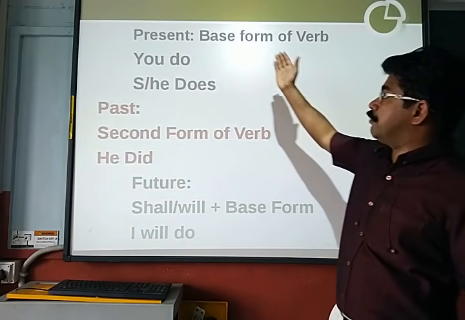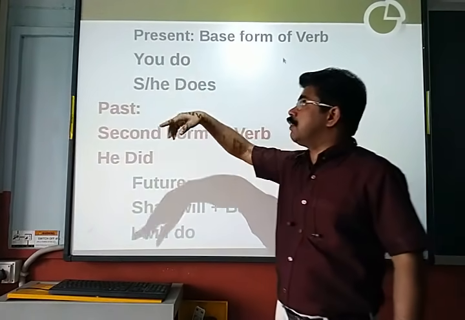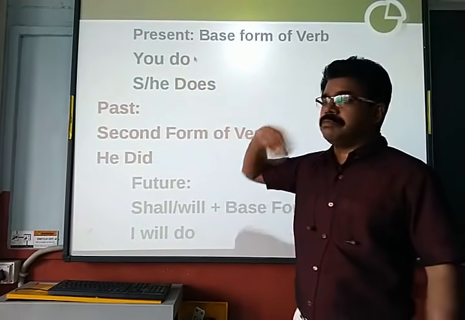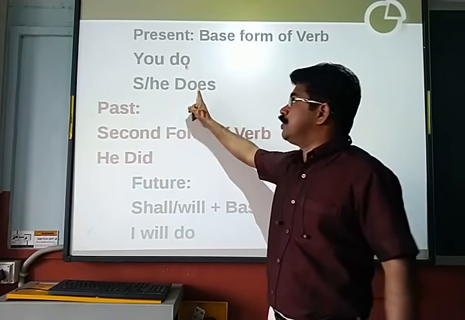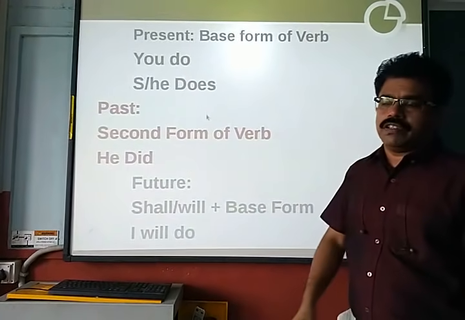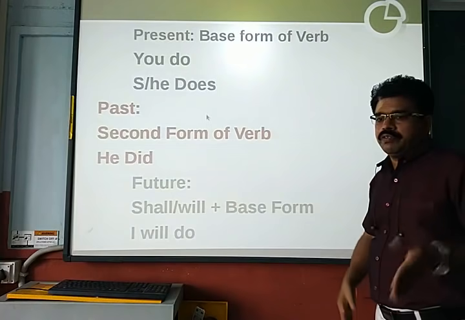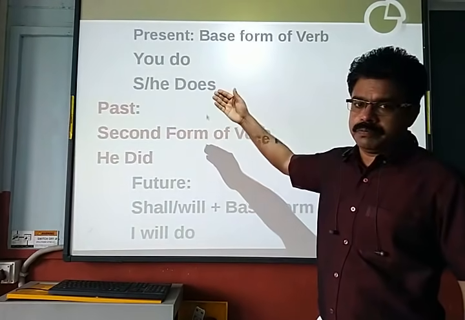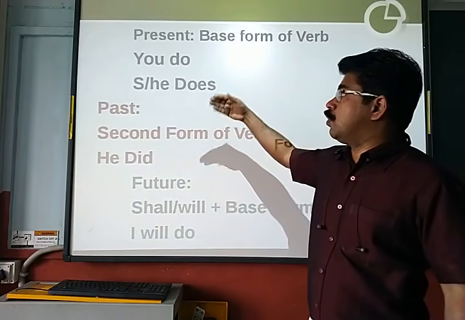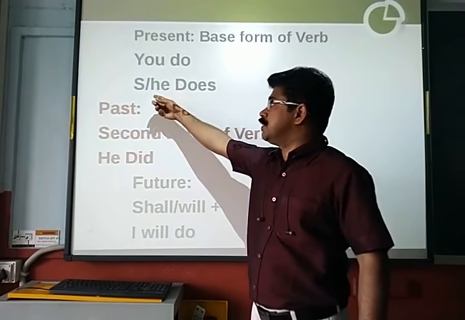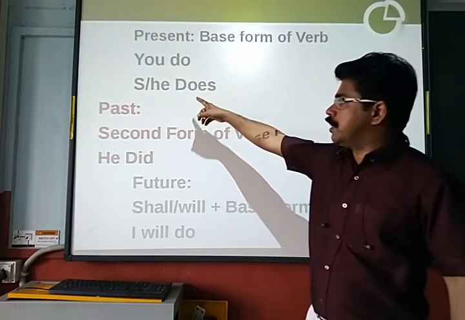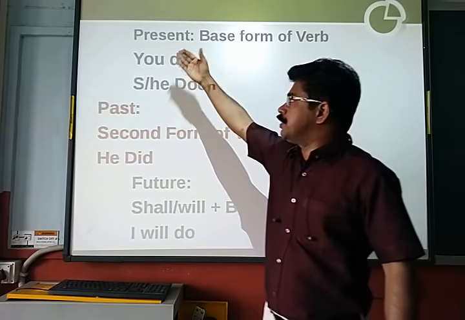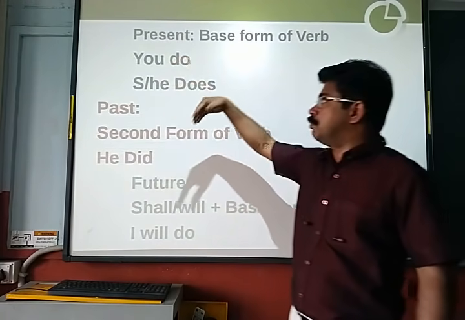For example, I have given here two words: do and does. Generally, in the simple present tense, either this form or this form is used. That is, in present tense we add s or es to the verb. When it is singular, we take s or es. If it is plural, we use the original form as it is.